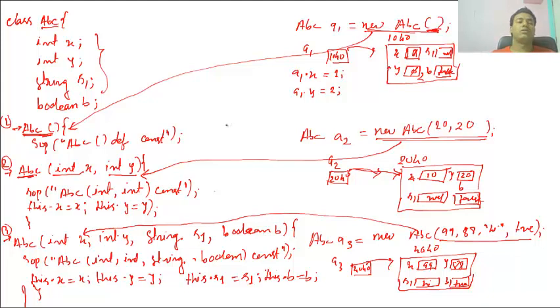Now I want to apply constructor chaining on this. Constructor chaining means, currently what is happening is, when I call the ABC constructor, using only that constructor it creates the object, and this call is not using this constructor or this constructor, only the default constructor is used to create the object.